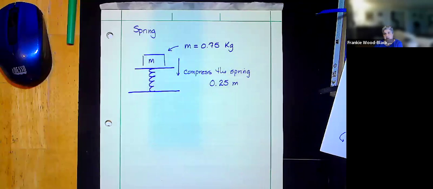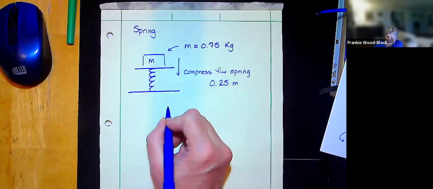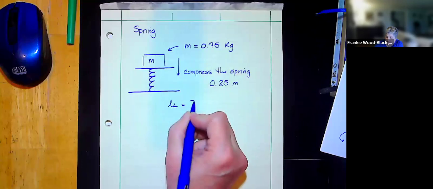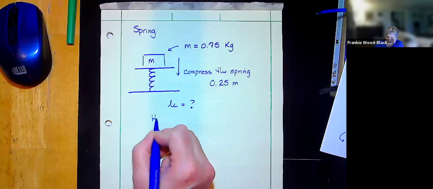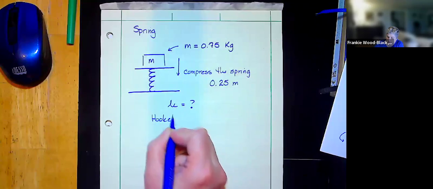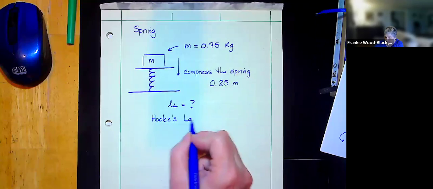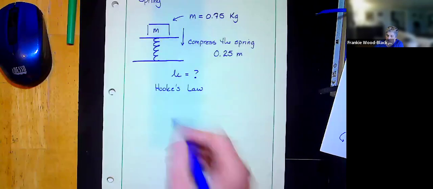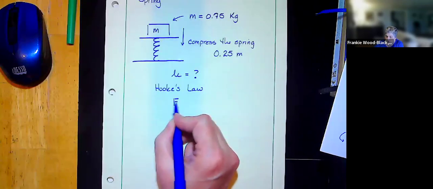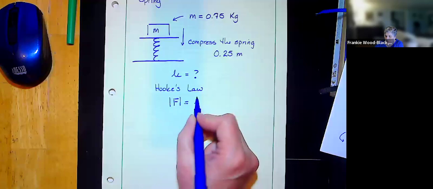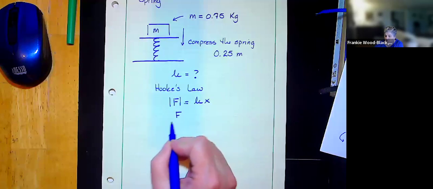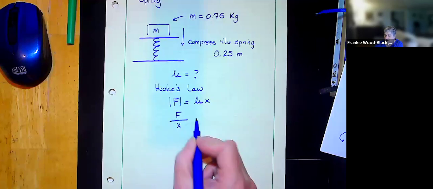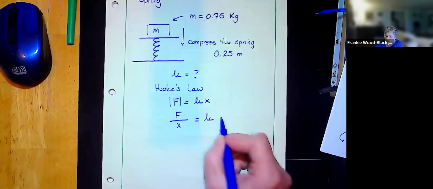All right. We want to know what the spring constant is. Well, I can use Hooke's law. We know that the magnitude of the force is going to equal my spring constant times my stretch or my compression. So the magnitude of the force divided by x is going to give me my spring constant.